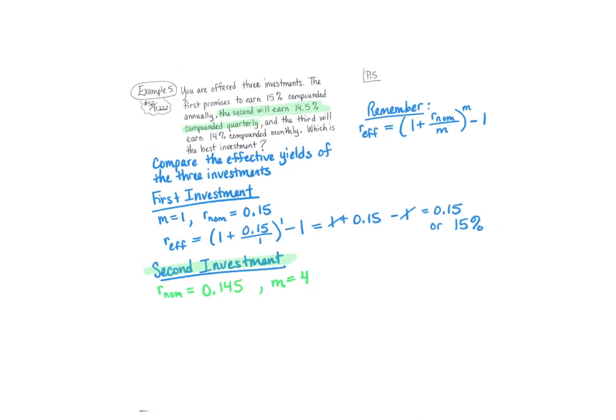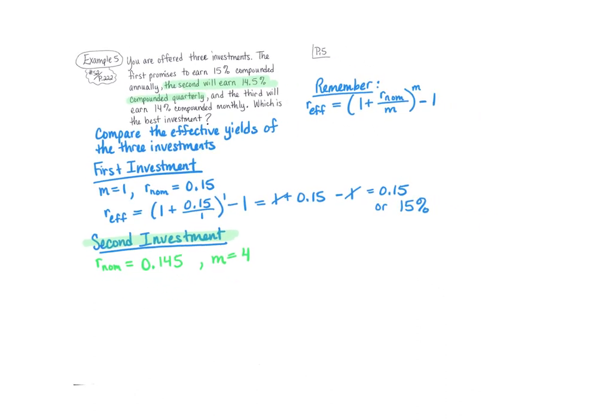So now we substitute this into our formula, and we get our effective interest rate is equal to the quantity 1 plus 0.145 divided by 4, that quantity raised to the fourth power, all of that minus 1. Because we're raising this quantity to the fourth, we can no longer just drop the parentheses like we did in the first part.